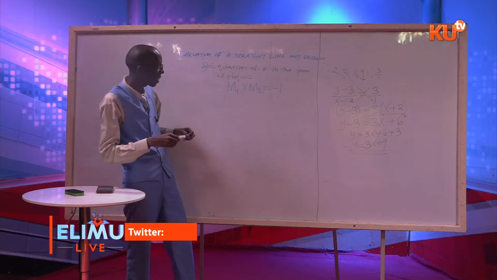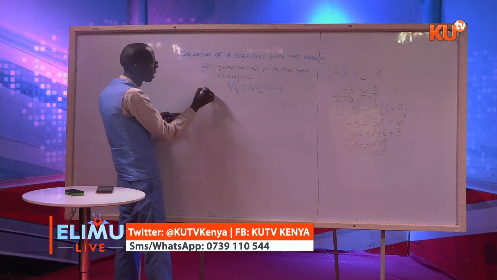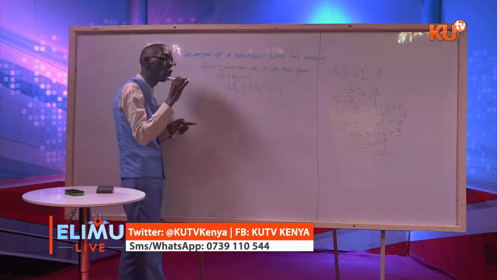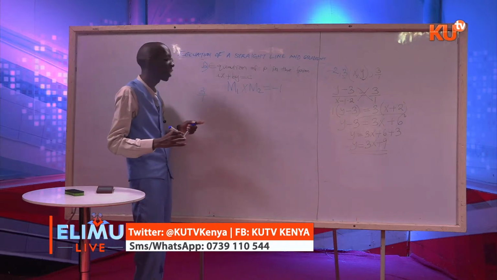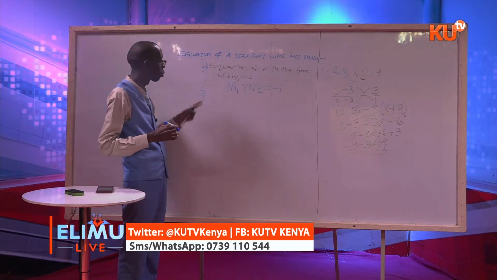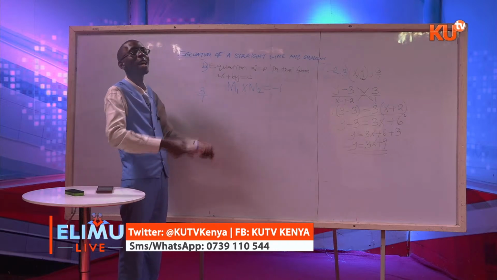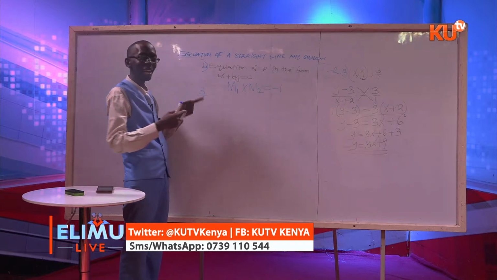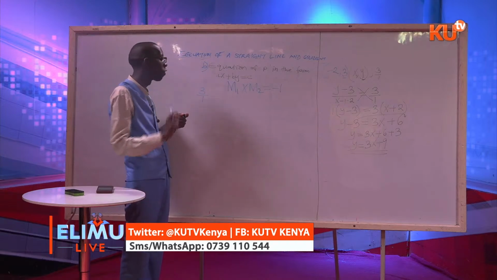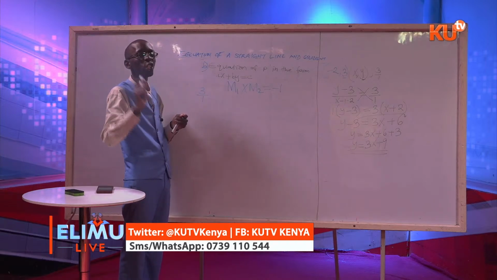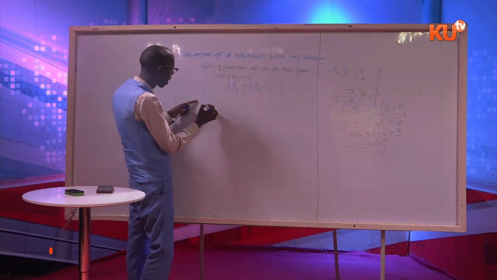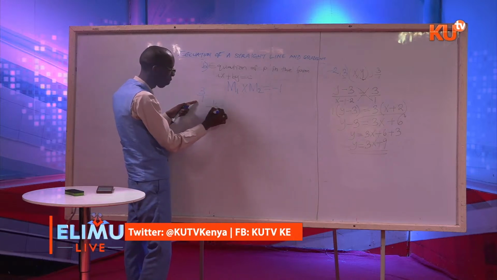If the gradient of one line is 3 over 1, you want to get the gradient of a line perpendicular to this, you will reciprocate. Write the reciprocal of 3 over 1 and change the sign. So it will be -1 over 3.